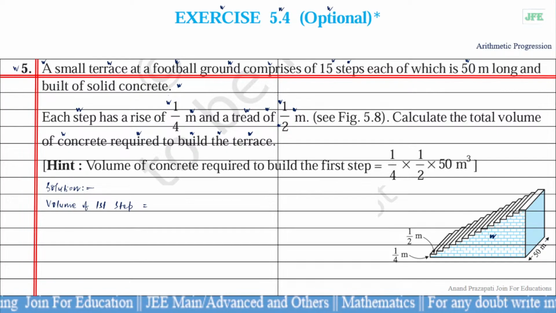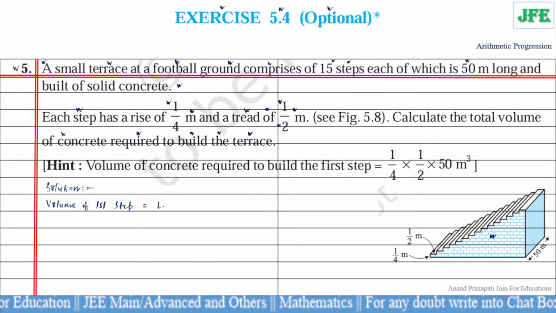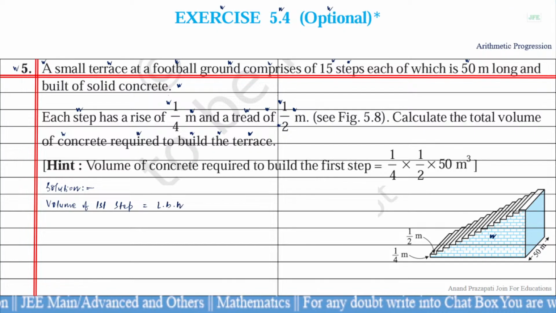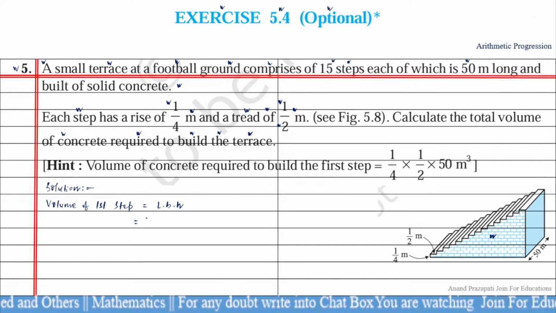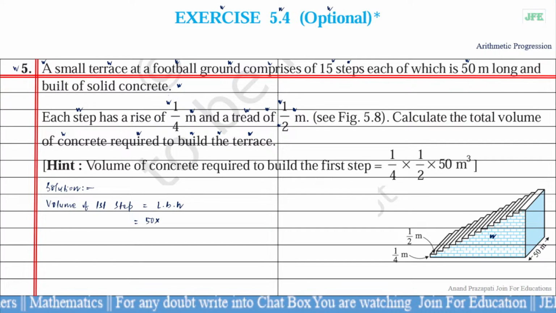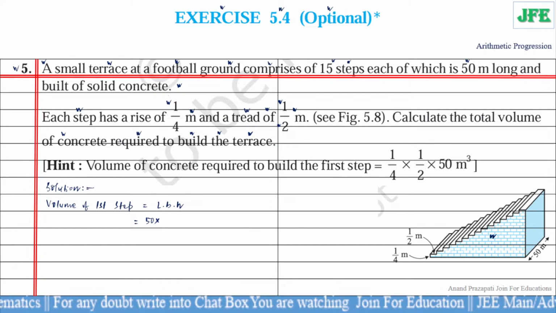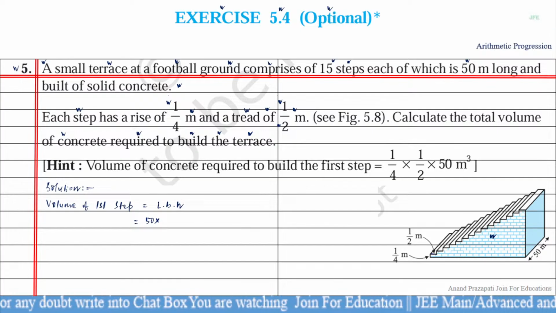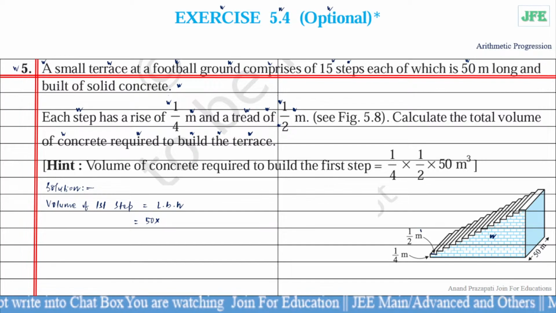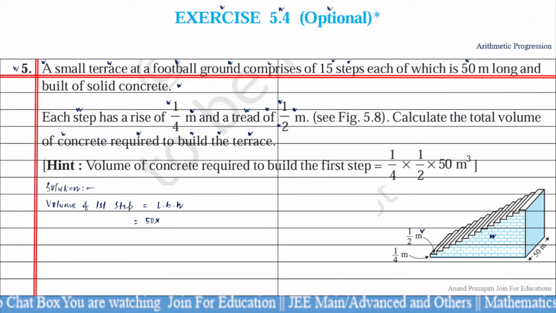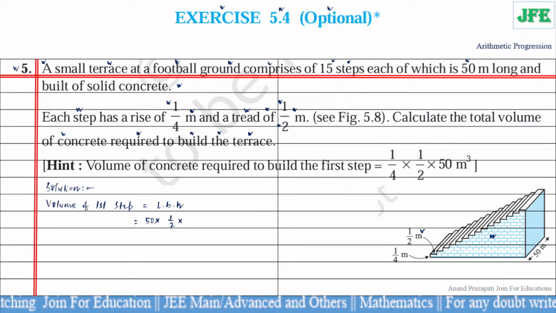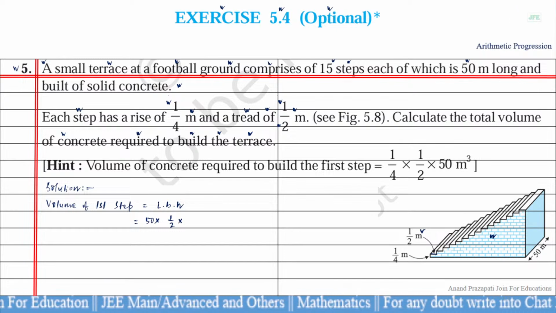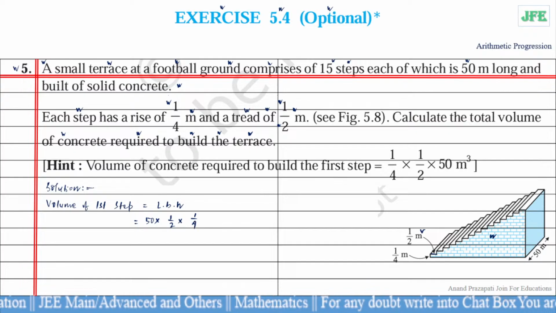So we recall the formula of the cuboid, L into B into h. Here length is 50, breadth is half meter, 1 by 2, and height is 1 by 4 meter.